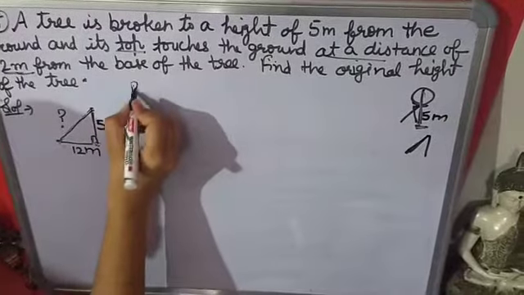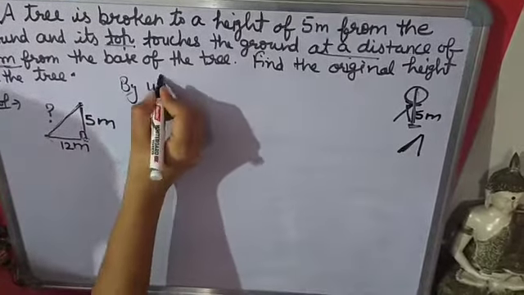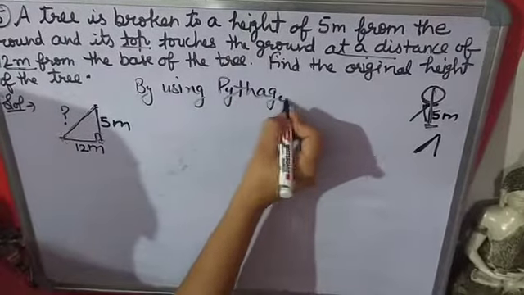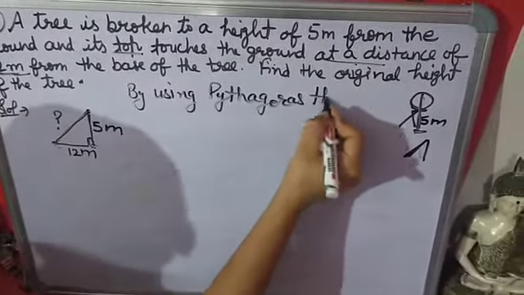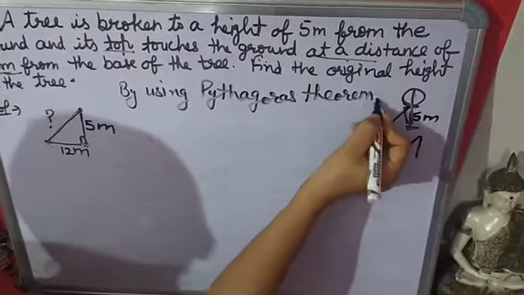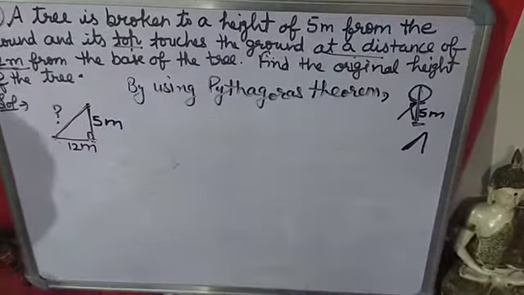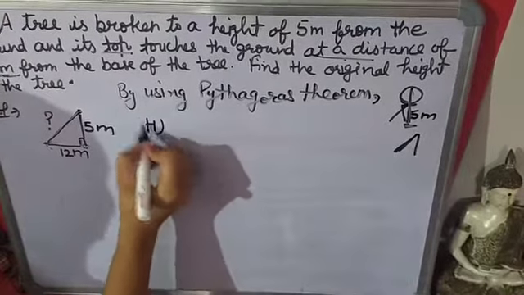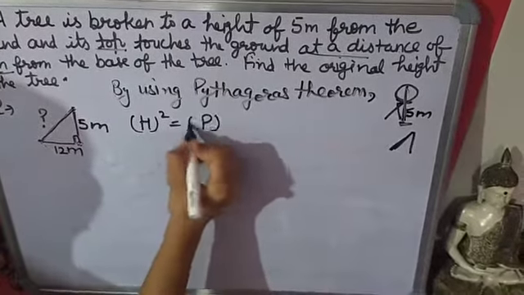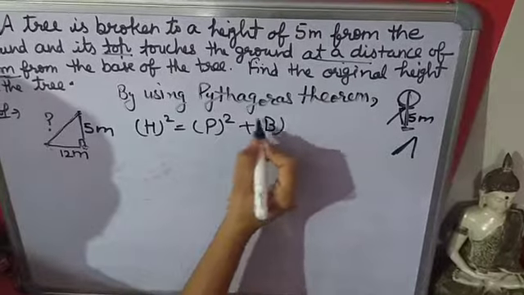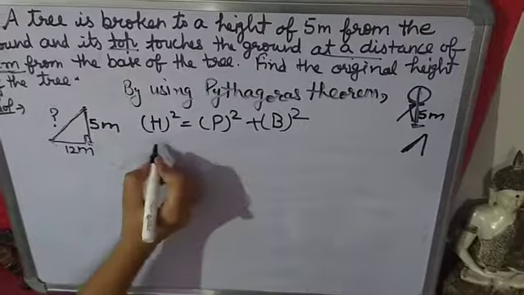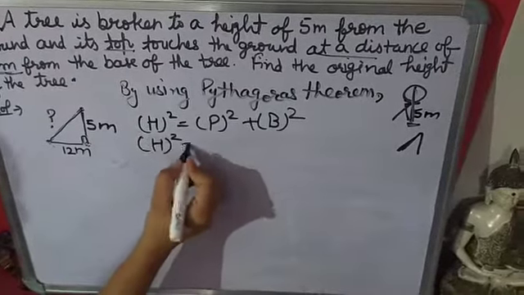So you will write here by using Pythagoras theorem. According to the Pythagoras theorem, hypotenuse square is equal to perpendicular square plus base square. Now what is hypotenuse? Hypotenuse is not given, so it will stay like this only.